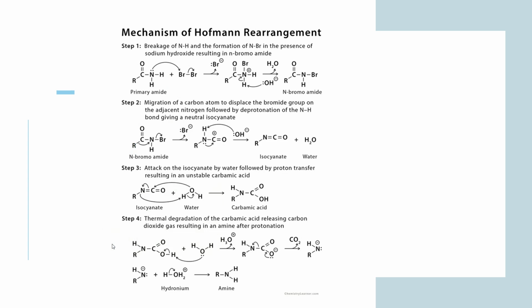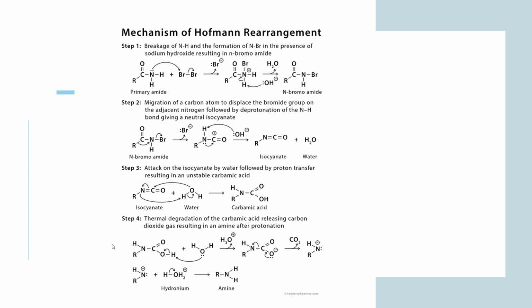When it comes to the reactions where we get chain length decrease, in those cases Hoffman rearrangement reaction is very well practiced. Okay, whenever you want to convert a substrate to another substrate with one carbon less in the product, in those reaction strategies Hoffman rearrangement is very highly preferred.